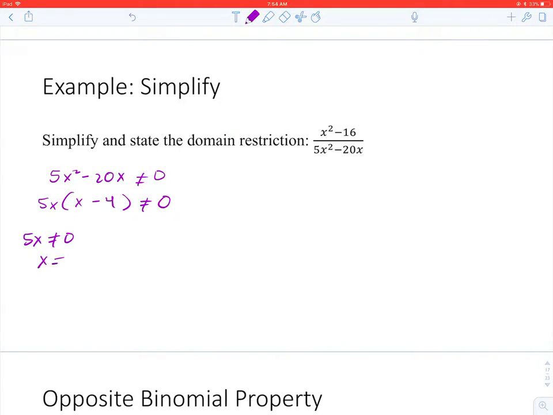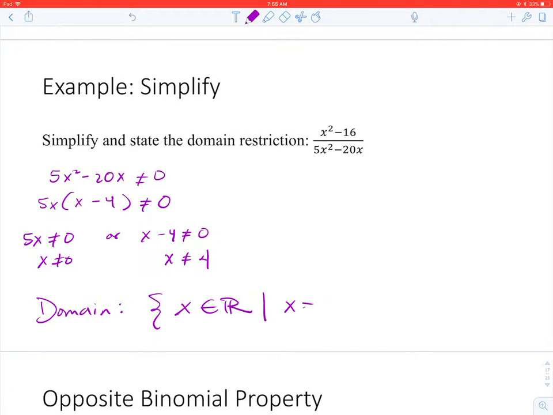So 5x cannot be equal to 0, which means x cannot be equal to 0, or x minus 4 cannot be equal to 0, so x cannot be equal to positive 4. And here is the domain in set builder notation.